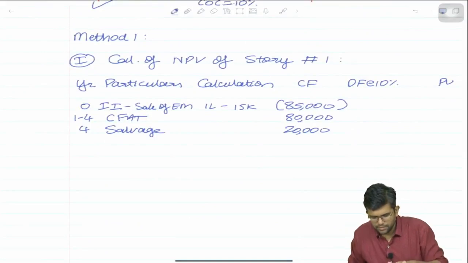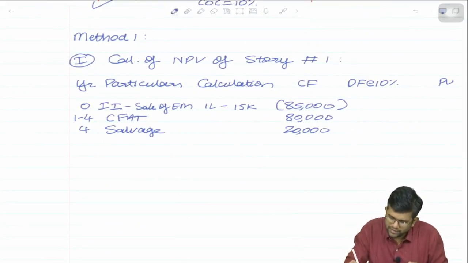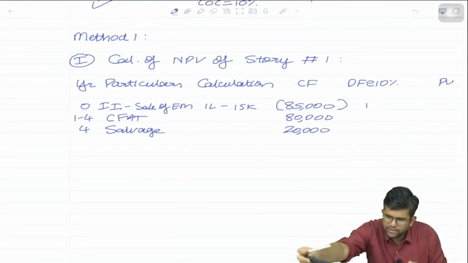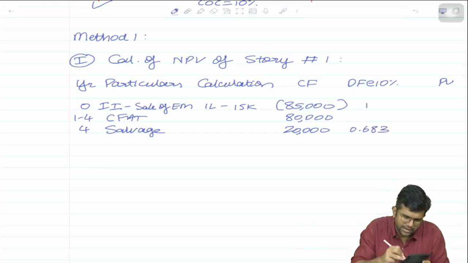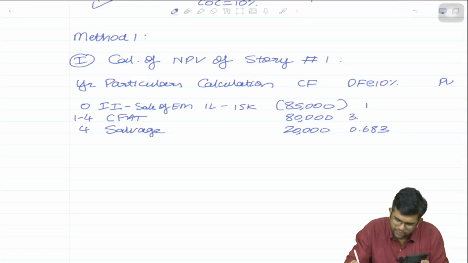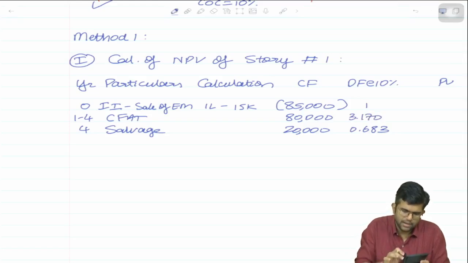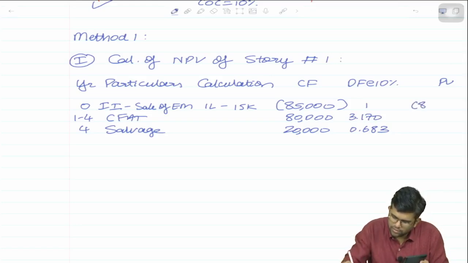Okay, now discounting factor, this is 1, I hope you know that, and then I will say 1 divided by 1.1, 1, 2, 3 or 4, so this is 0.683 and this is 3.170. I will take the calculator now. 85,000 I will do negative here.